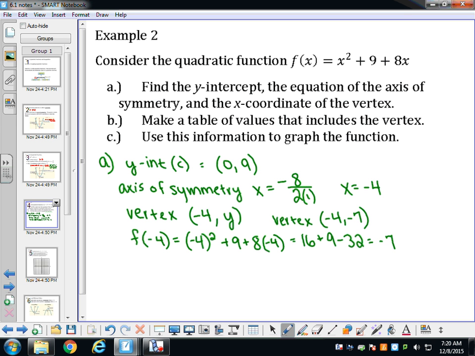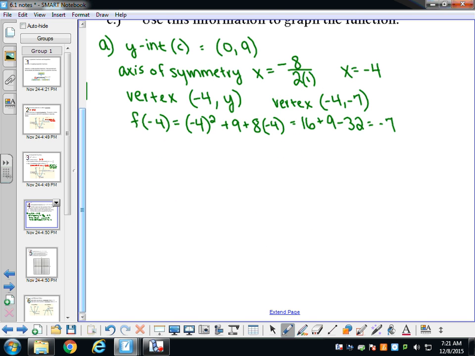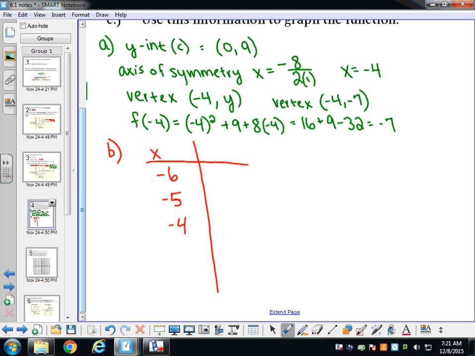Next, we're going to make a table of values that includes the vertex. And then from that information, we're going to be able to graph. Now, since I know my vertex is at negative 4, the x value, then I want to pick a few x's to the left of negative 4 and a few x's to the right of negative 4. So maybe I'll go negative 6, negative 5, negative 4, negative 3, and negative 2.